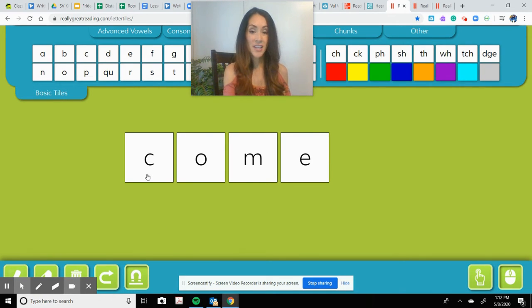We have K. That makes sense. Here, the O makes the short U sound. That does not go along with what I know about words and their rules. So I'm going to put a heart right here because we have to remember that the O in come makes the short U sound.